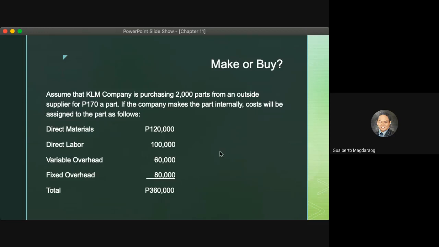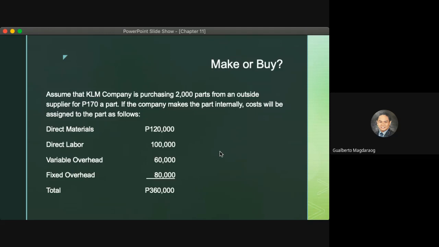Assume that KLM company is purchasing 2,000 parts from an outside supplier for 170 pesos a part. If the company makes the part internally, the cost that will be assigned to the parts are as follows. Materials, labor, and overhead. The overhead is variable and fixed, and the total is 360,000.